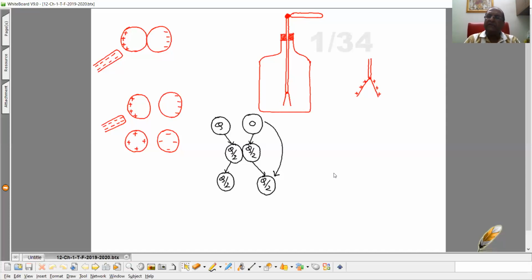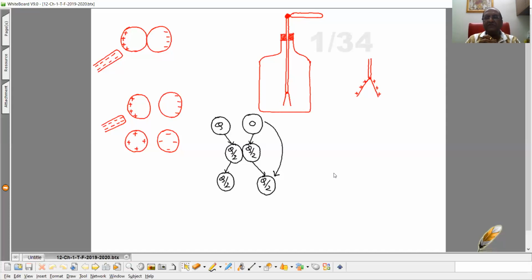And when detailed studies related to charges were carried out, scientists came to know that charges are of two types, and they have characteristics opposite to each other.